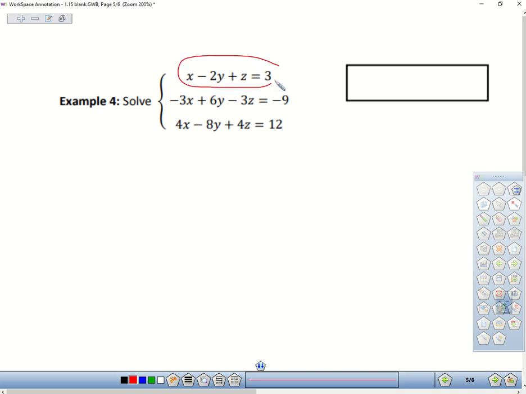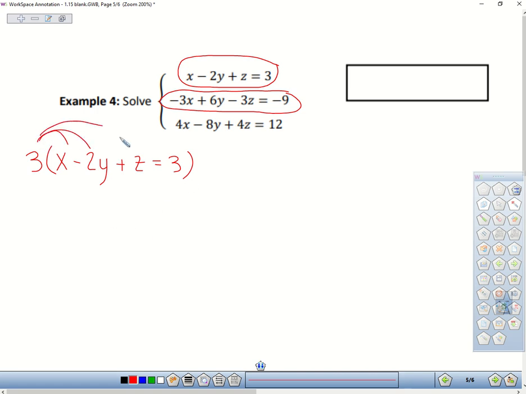So we're looking at this first equation, and if we want to cancel out the x in the second equation, what should we multiply the first equation by? 3. Very good. I'm going to use the distributive property here. That's going to give me 3x minus 6y plus 3z is equal to 9.